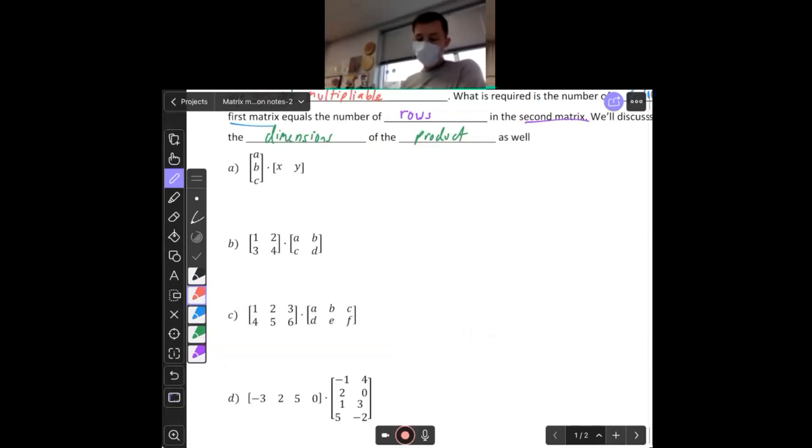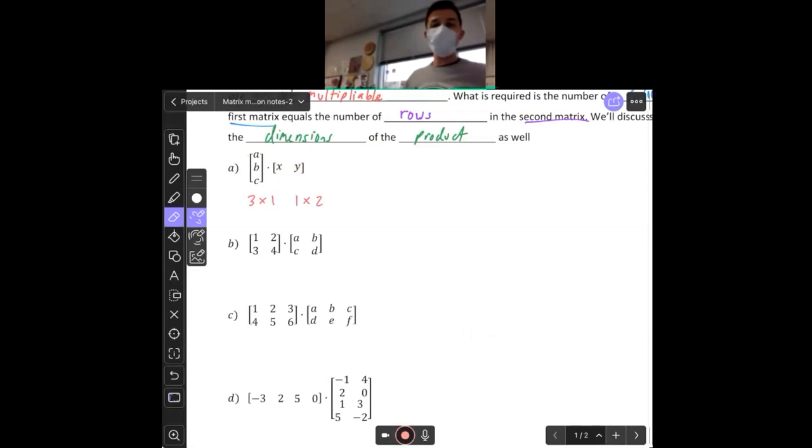As I look at that first matrix here, it's got 1, 2, 3 rows and 1 column. So that's a 3 by 1 matrix. And the second one has 1 row with 2 columns. That's a 1 by 2.